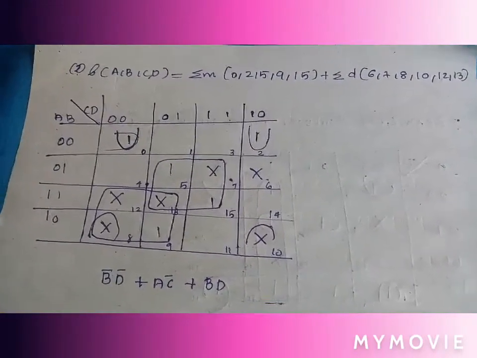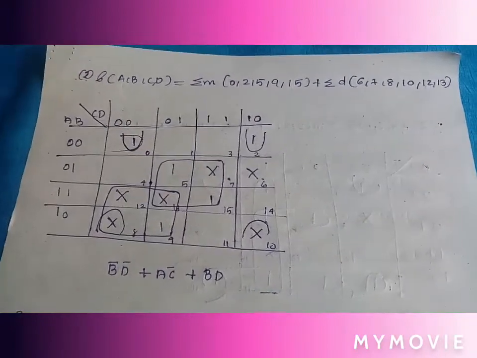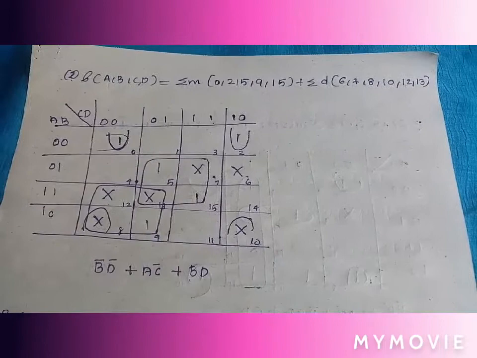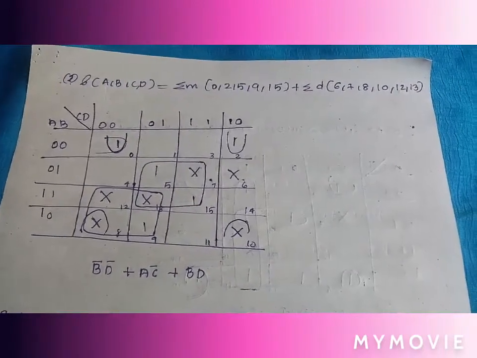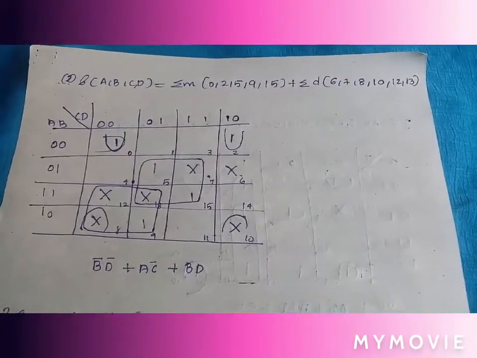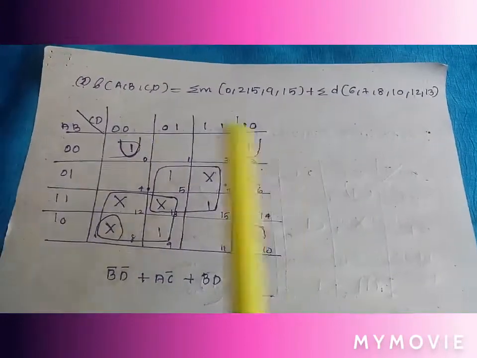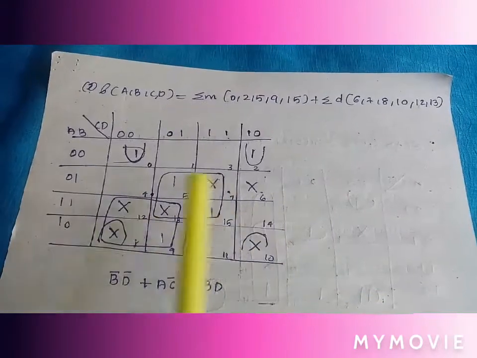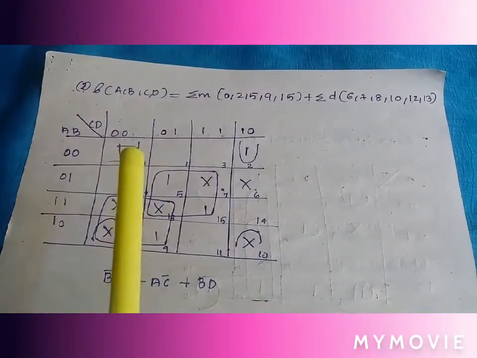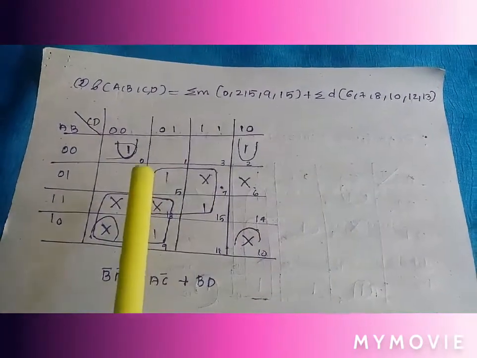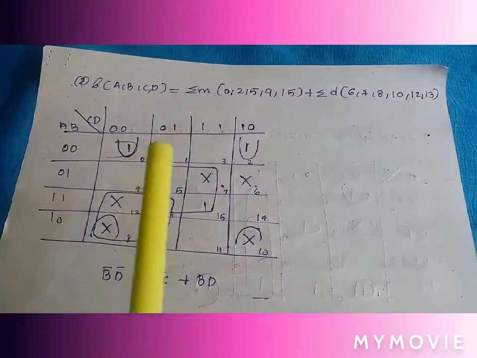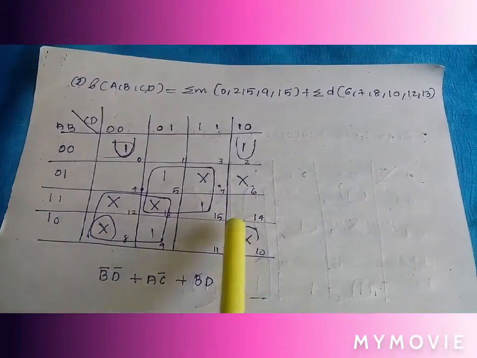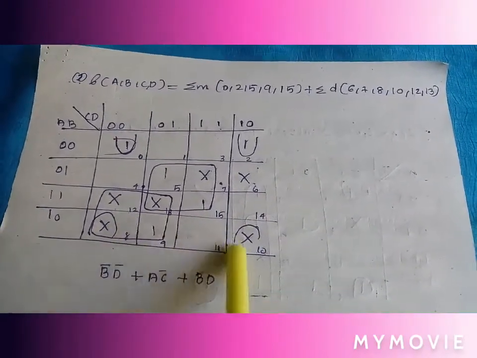Consider this question, in which f of ABCD is the summation over m of 0, 2, 5, 9, 15 plus the summation over d of 6, 7, 8, 10, 12, 13. From that we know that it is a 4-input K-map. Just draw the K-map diagram, in which the mathematical representation of each cell is 0, 1, 3, 2, 4, 5, 7, 6, 12, 13, 15, 14, 8, 9, 11, 10.